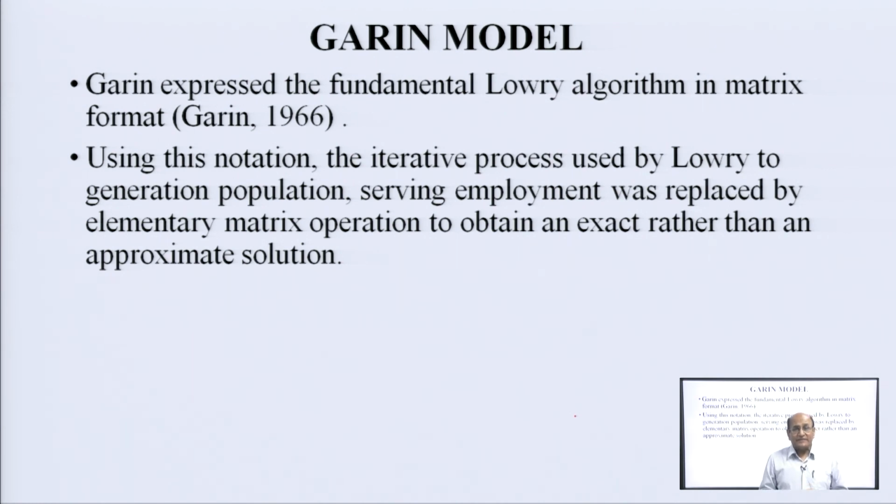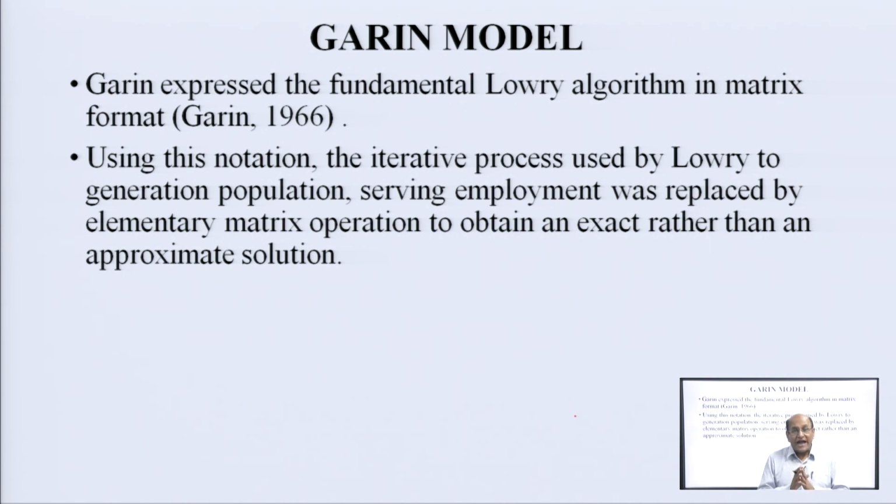Garin expressed the fundamental Lowry algorithm in a matrix format in 1966. Using this notation, the iterative process used by Lowry to generate population serving employment was replaced by elementary matrix operations to obtain an exact rather than an approximate solution.